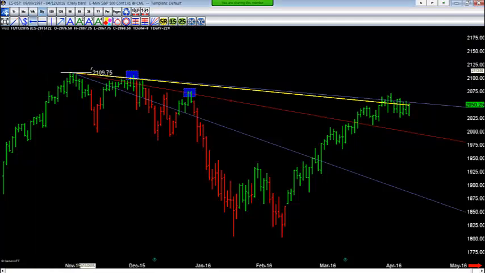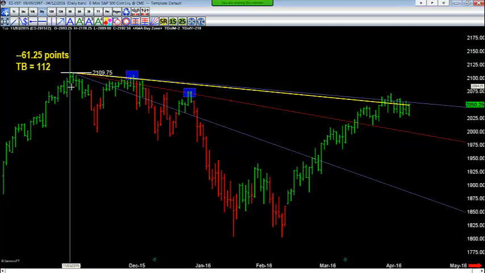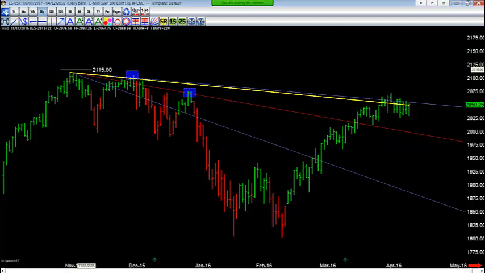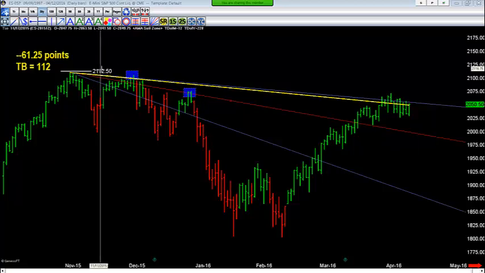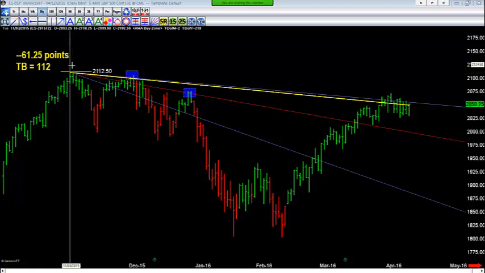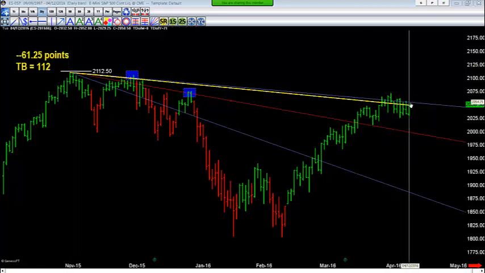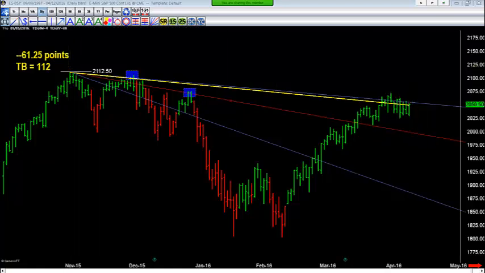This high price is actually 21.10 and a quarter. It's kind of hard for me to get that right on there. So 21.10 and a quarter minus 56, and I get 20.54. Okay? That's where that angle is coming in. That's what price that angle is at for that day.